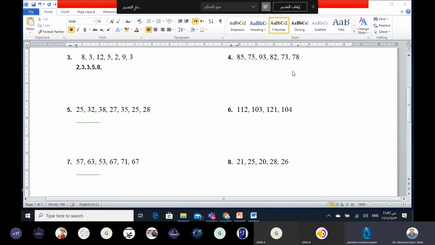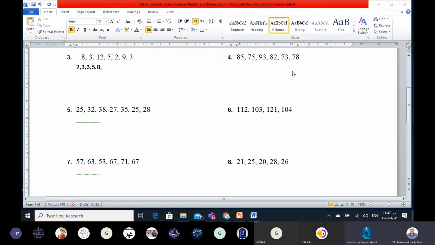The mode is 3 and the median is 5. Okay, thank you, Abdullah. Falah, what's your name? The median is 5 and the mode is 3. Great, thank you. Who else? I know the answer. The median is 5 and the mode is 3. Okay, thank you.